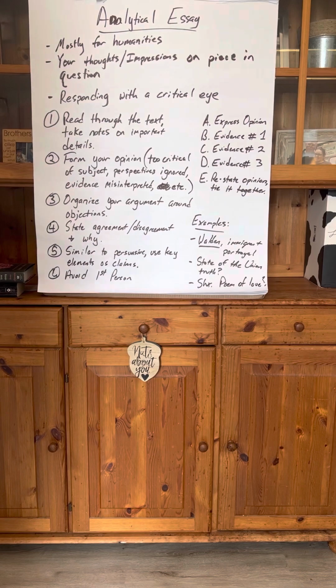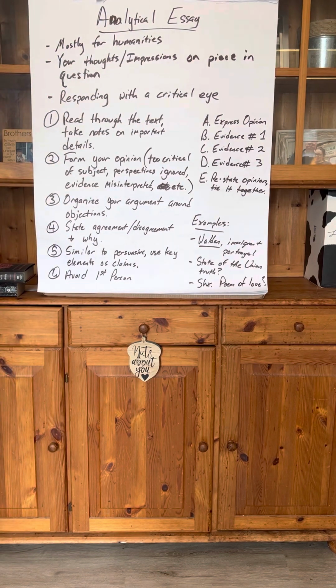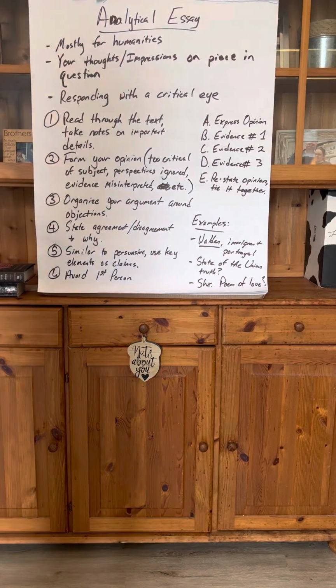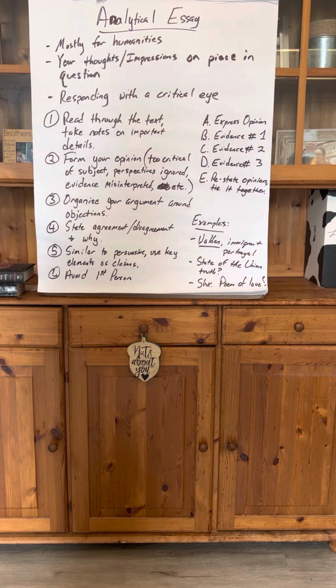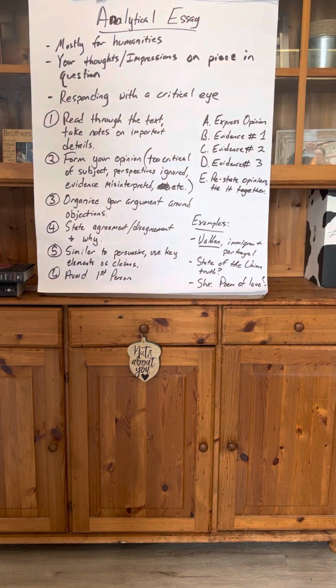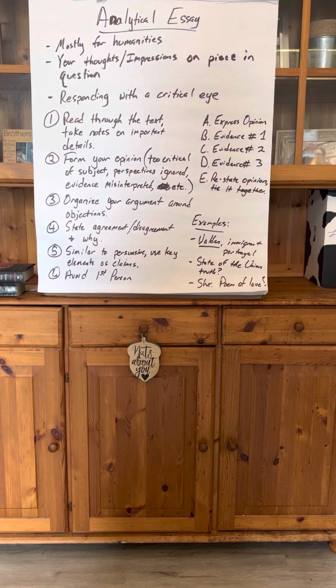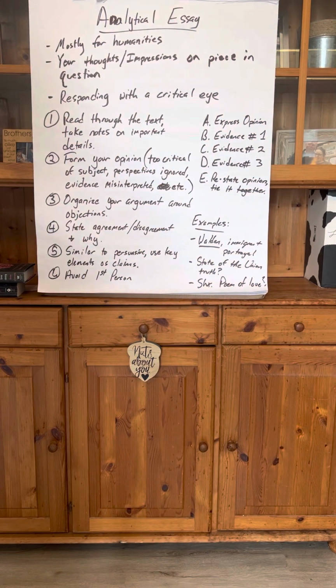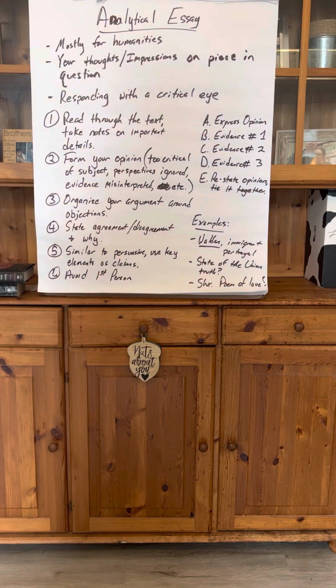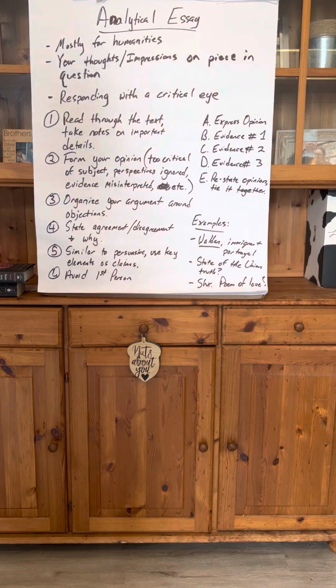So form your opinion after you've done the reading and taken your notes. You should have a feeling one way or the other about whatever this particular thing is. So is it too critical of its subject or not critical enough? Are there perspectives that the author has ignored?